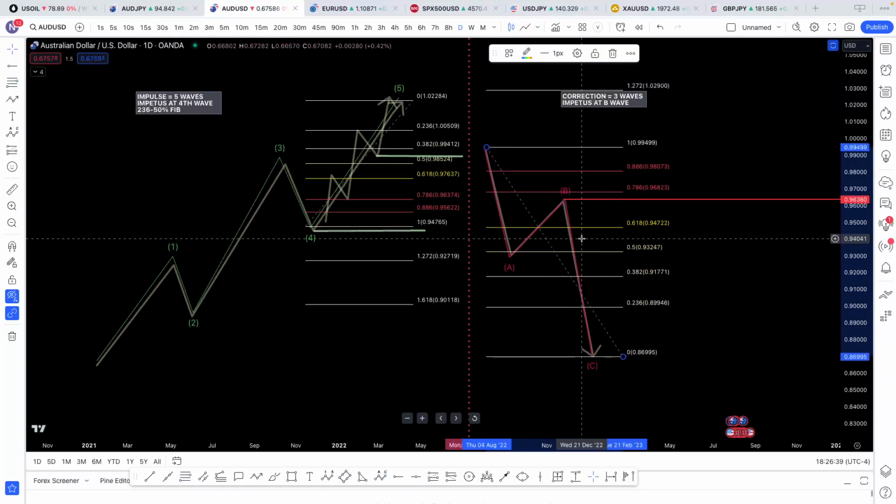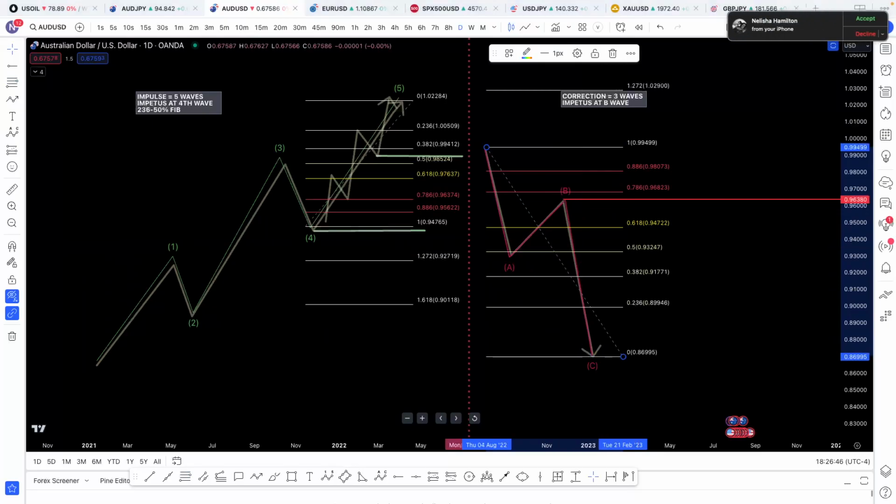And a correction on the fib can be identified between the 50 and the 786. So again, the impetus can be found between the 50% and the 786%. And for this one, it's near the 786.